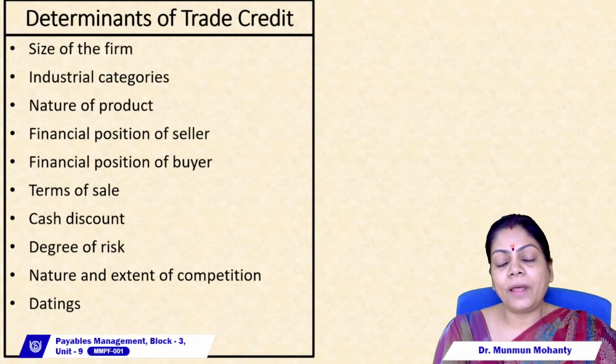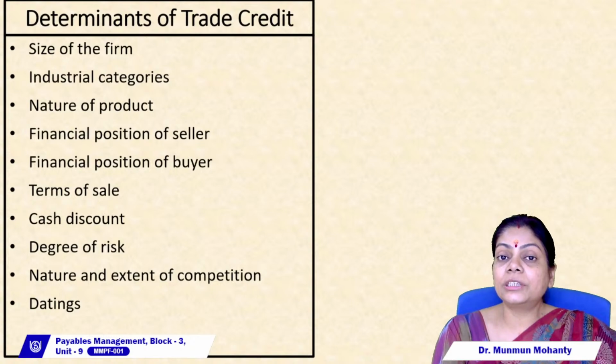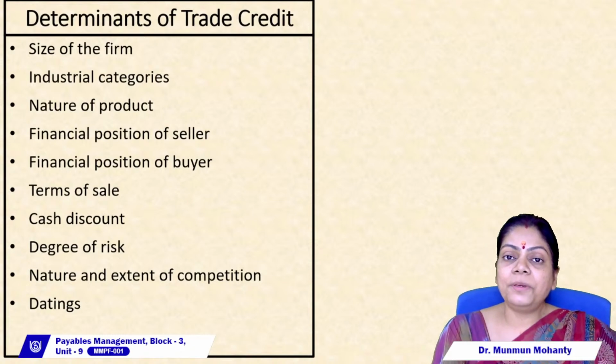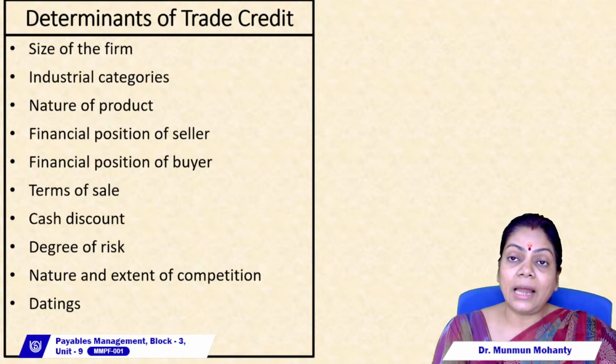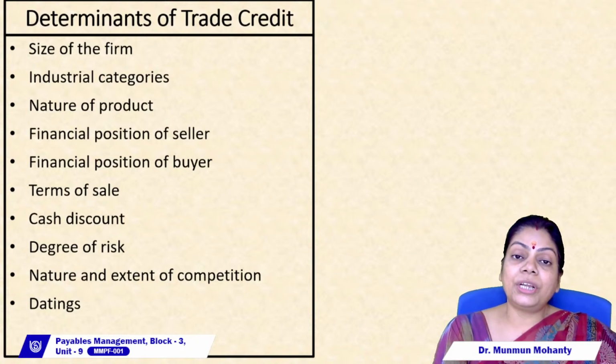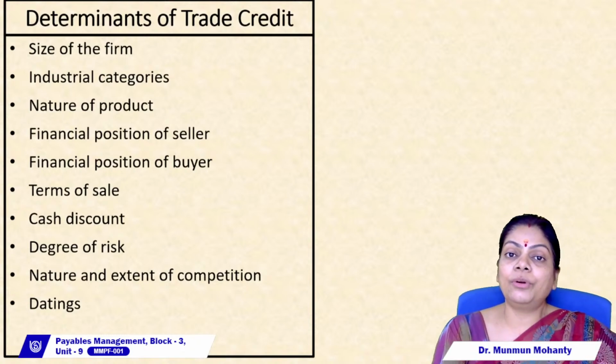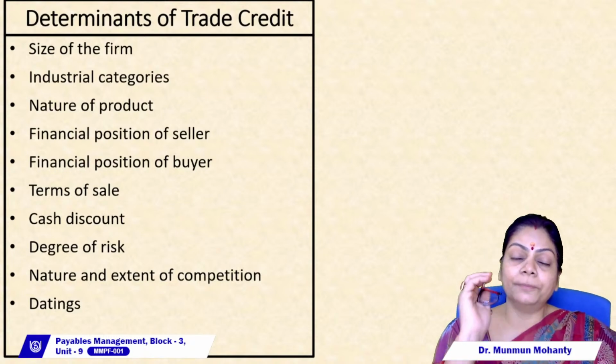Suppose the supplier has given me a 30-day credit, and I know for 30 days I'm getting interest-free financing of whatever amount. Let us say the amount is 10 lakh. So the 10 lakh rupees is available to me for 30 days, absolutely free of cost. Then I might be tempted to stretch my payment from 30 days to, let us say, 35 days or 40 days, because I consider it to be cost free.